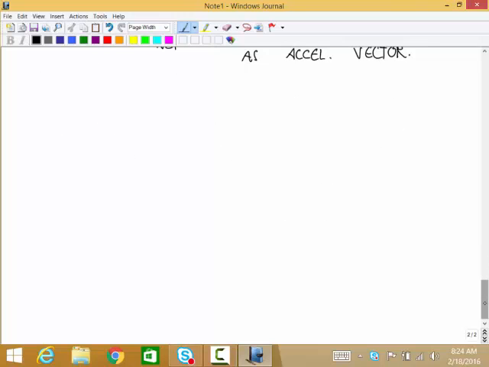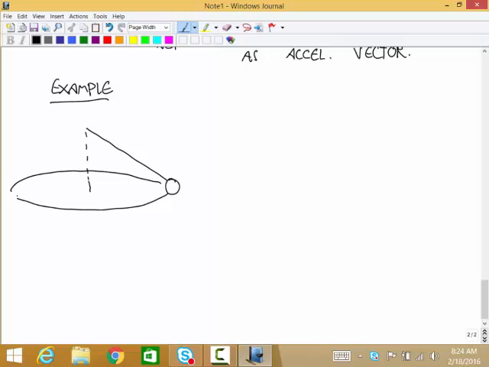Okay, so let's take an example and think a little bit about what Newton's second law tells us. This is kind of the same setup as number 7 from the homework that I just went through. Let's say there's a ball on a string, and it's traveling in a circular path.